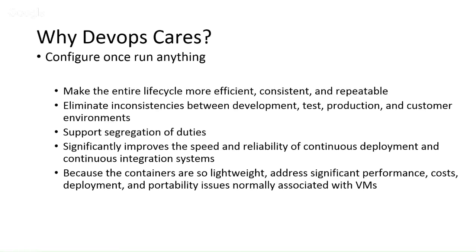Because of that, the continuous integration and continuous deployment pipelines will be easy to manage, and the deployments will take less time. And it will eliminate the inconsistency between development, test, production, and customer environments because we are using the same container with the same dependencies. And it will help to improve the speed and reliability of continuous deployment and continuous integration.